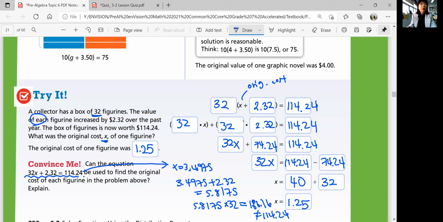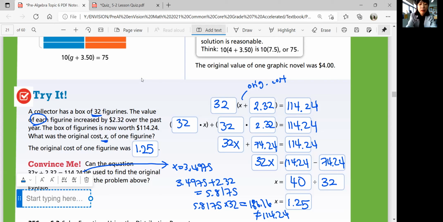So what's wrong? It's the parentheses, isn't it? If we don't have parentheses, that just means you multiply the original cost by 32, and then you add 2.32 to the total. But you need to add 2.32 for each figurine because each figurine increased by this cost. So we didn't add that, right? So let's explain. No, it's not going to be the same.